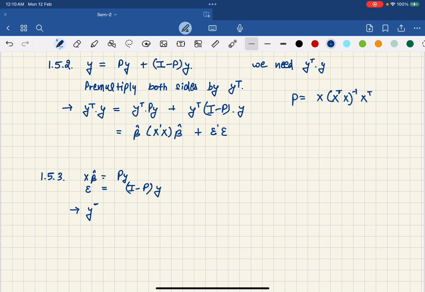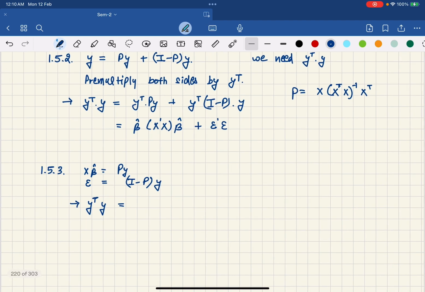And we need to calculate y squared, which is y transpose y. It is equal to (Py plus (I minus P)y) transpose times (Py plus (I minus P)y), right?